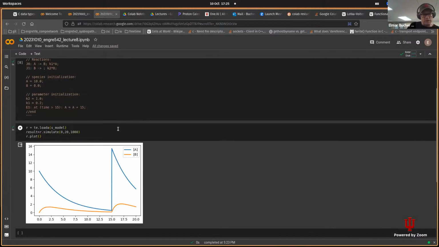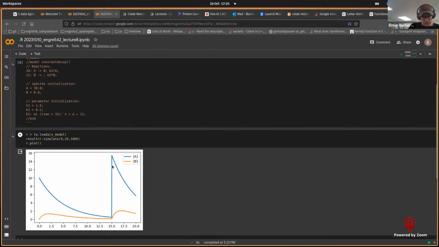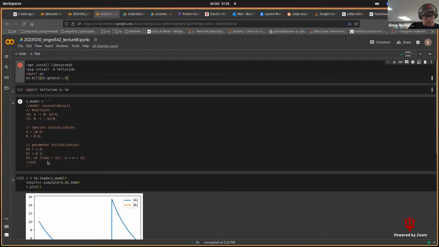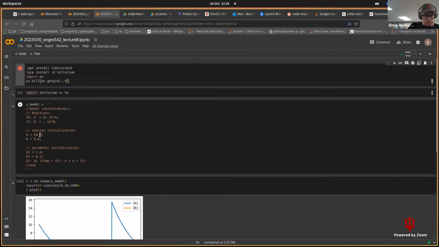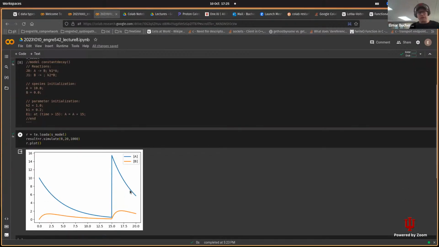Of course, I expected a one-time pulse after 15 minutes, and it should go up 15 units, and it does. It's around 1, and it goes up 15. And we have two different decay rates, one was 0.2 and one was 1. So the model shows the time course I expected.